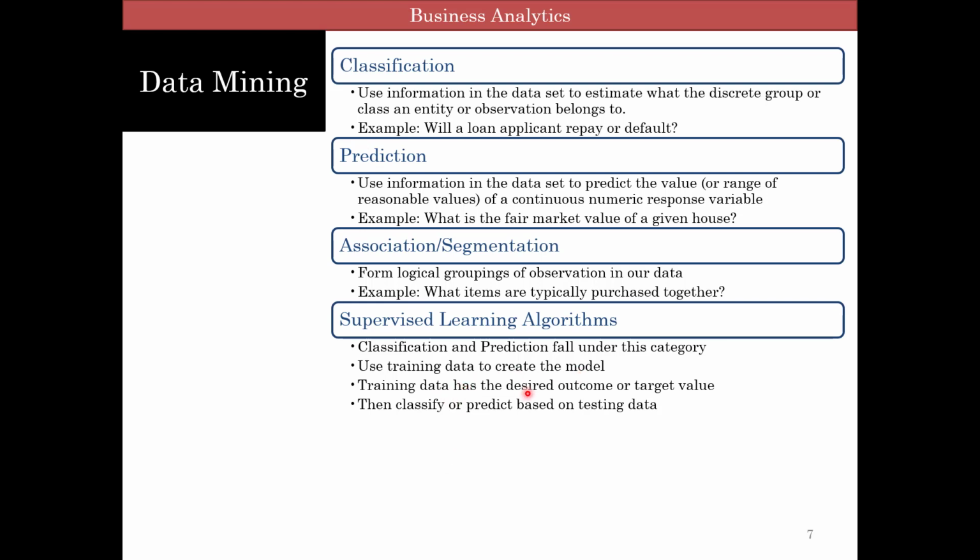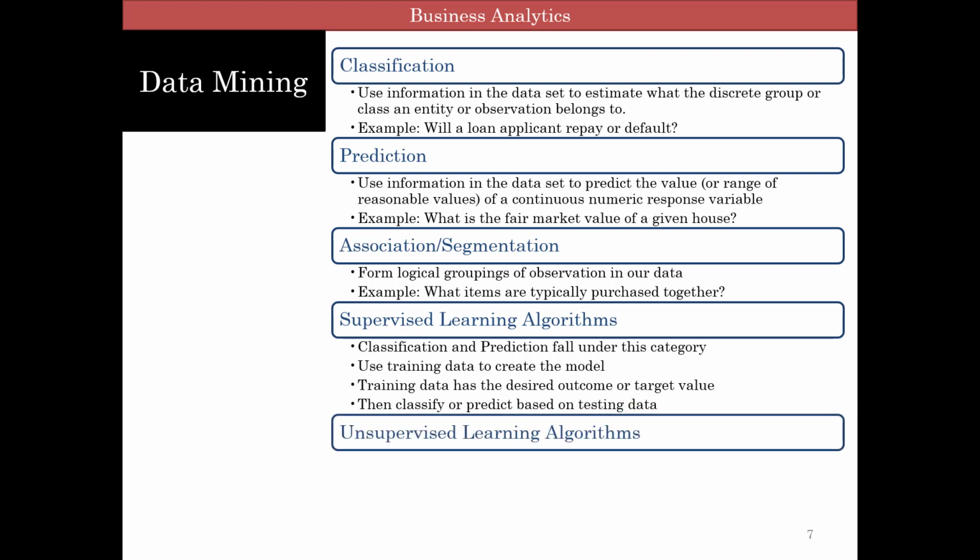Now the training data has the desired outcome, and then we classify or predict with a new set of data, which is our testing data. Unsupervised learning algorithms, where association, segmentation, and clustering fall into this, the data sets don't have predefined outcomes or target values. So you don't know the answer, and the algorithm has to figure out what these groups are, and we'll talk about them.